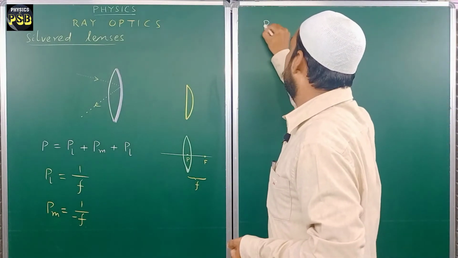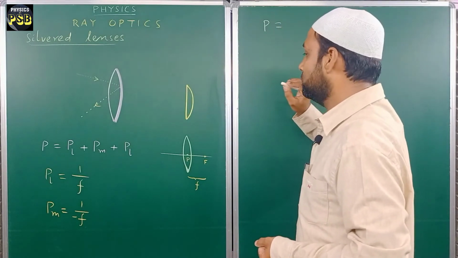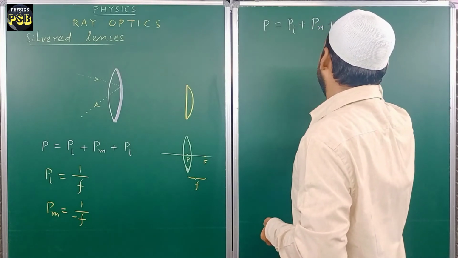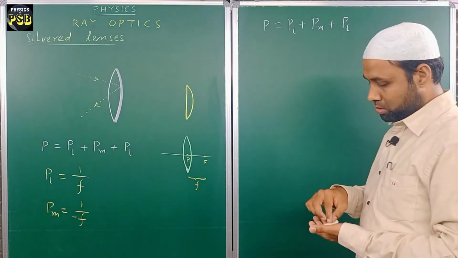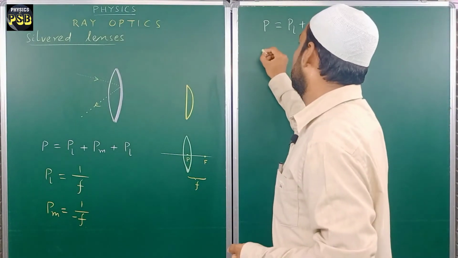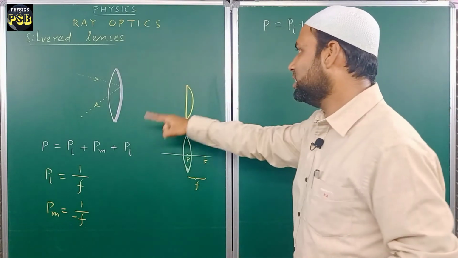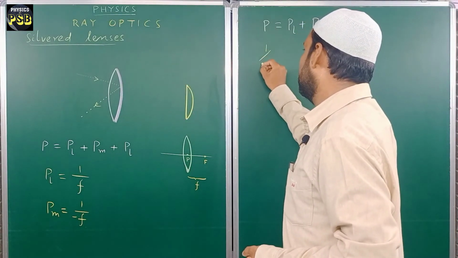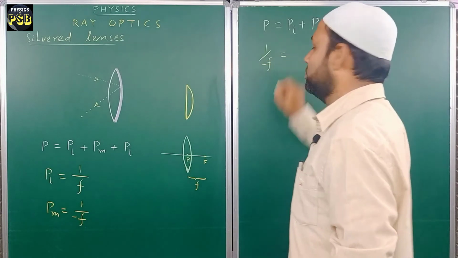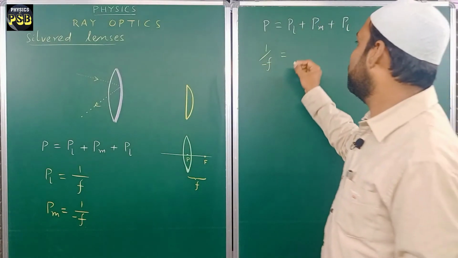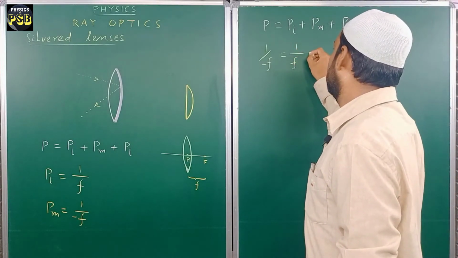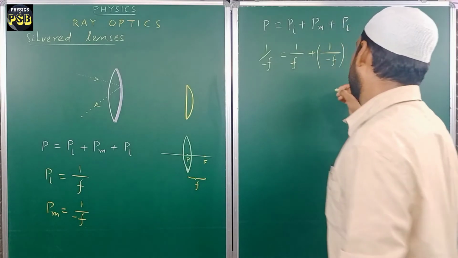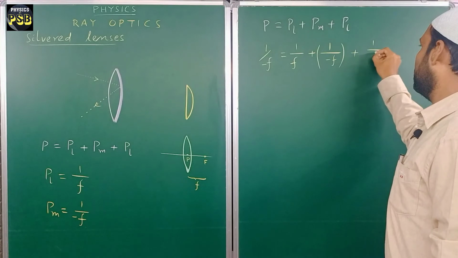So here P is equal to PL plus PM plus PL. Now here I am going to substitute the values. As this lens acts as a mirror, its power is taken as the reciprocal of negative F. Then P is 1 by FL plus, within bracket, 1 by minus FM, plus 1 upon FL.